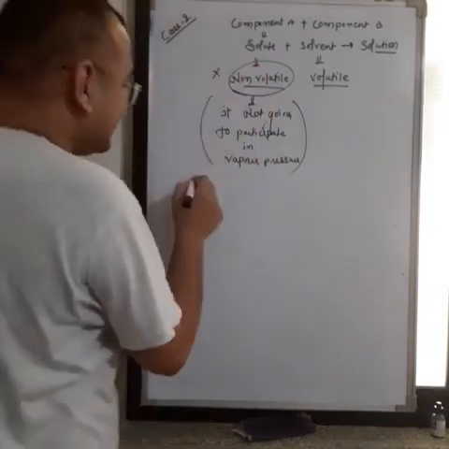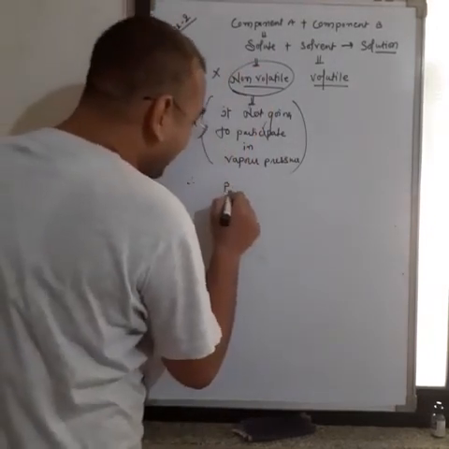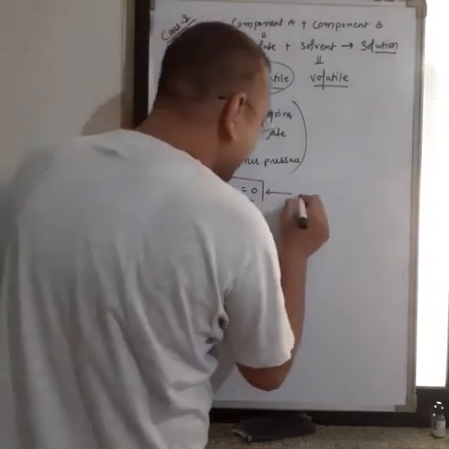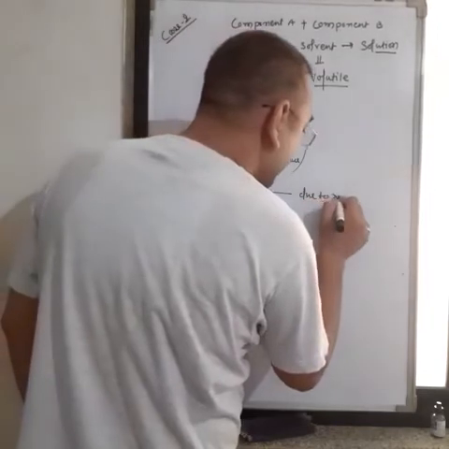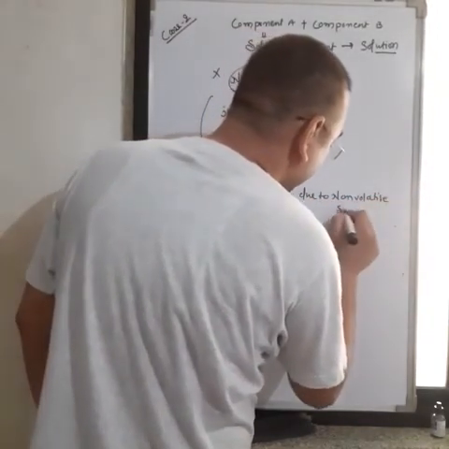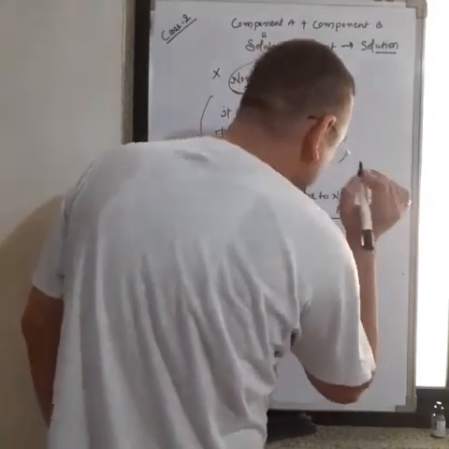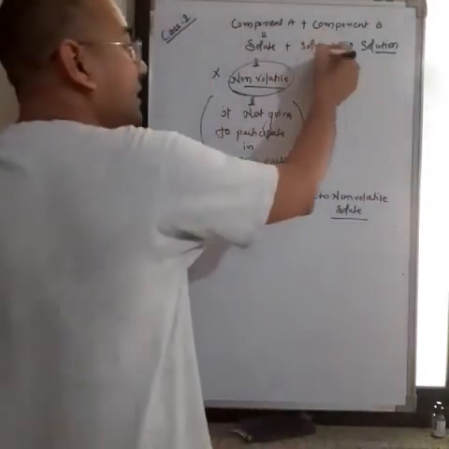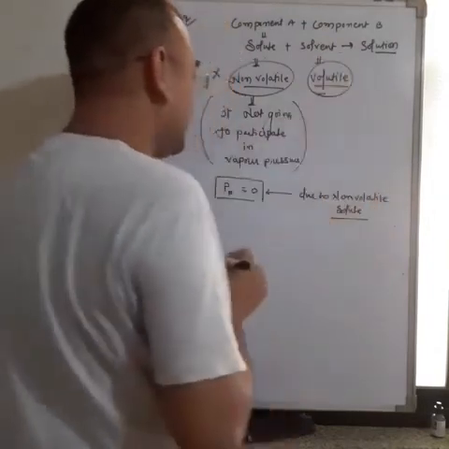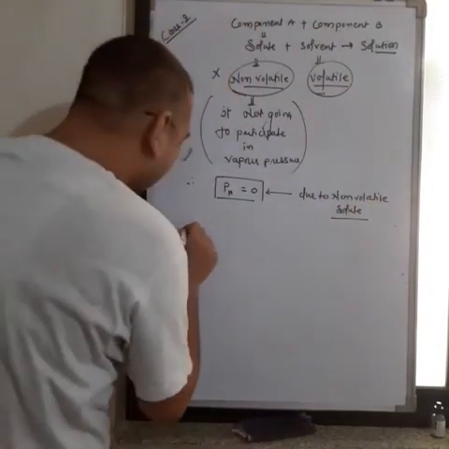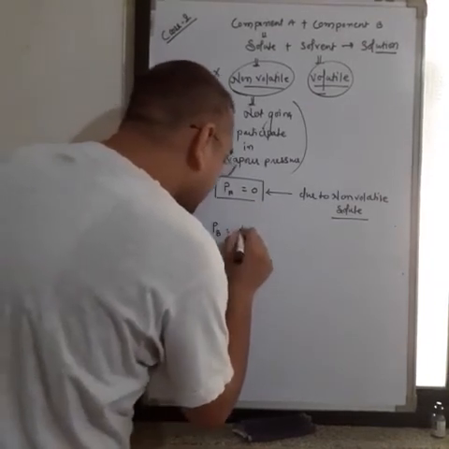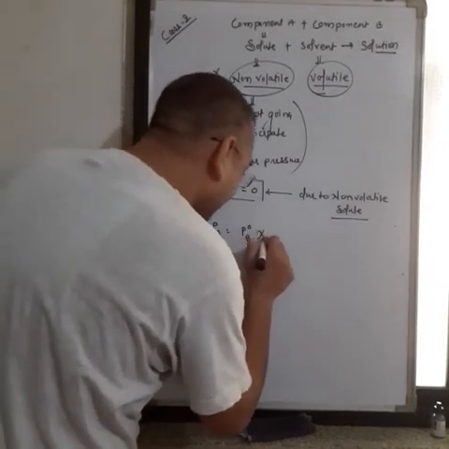So here we can say that PA is equal to 0, due to the non-volatile solute. Here if we consider the solvent as volatile, then simply we can say that PB is equal to P naught B into XB.